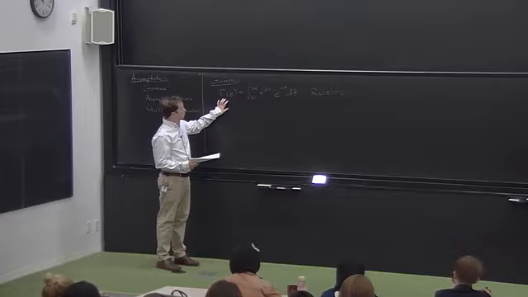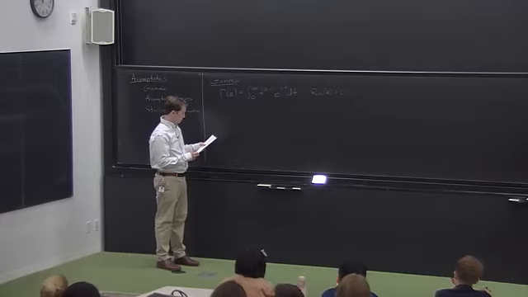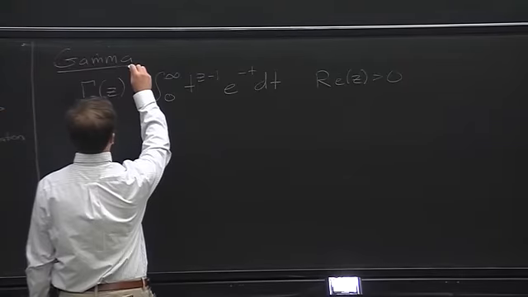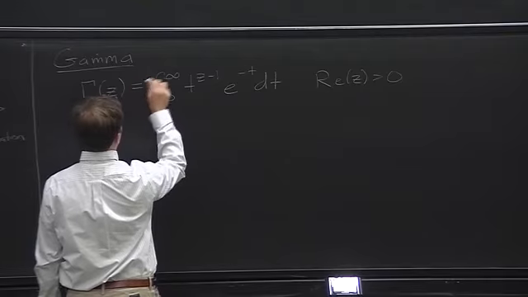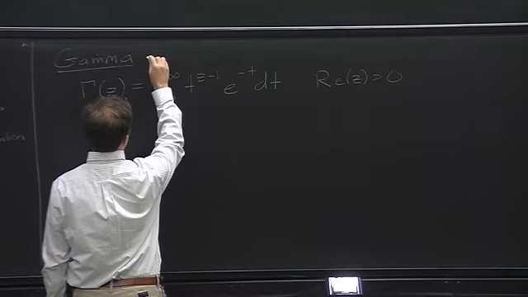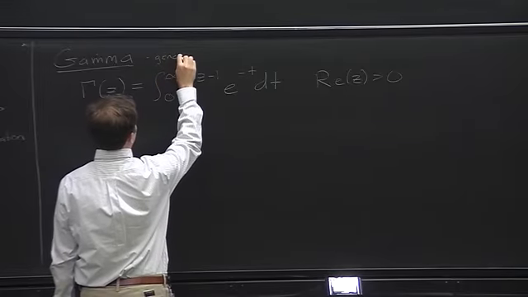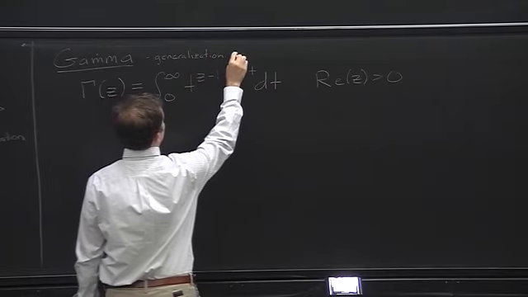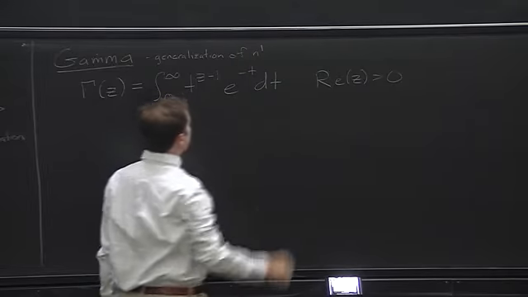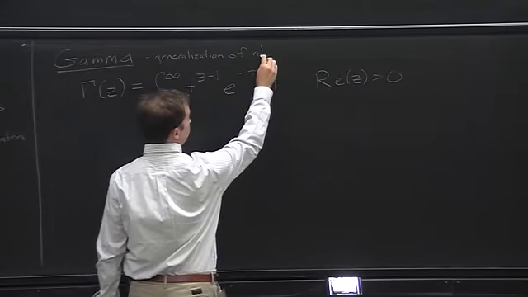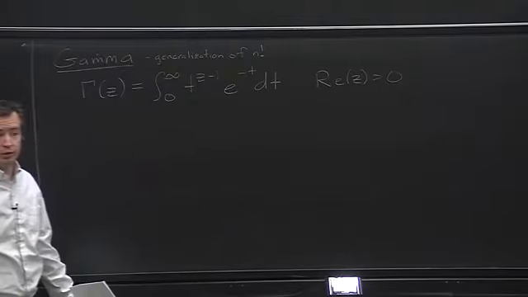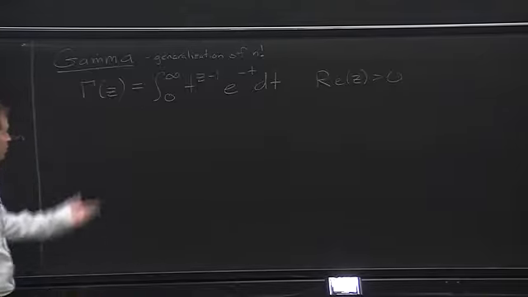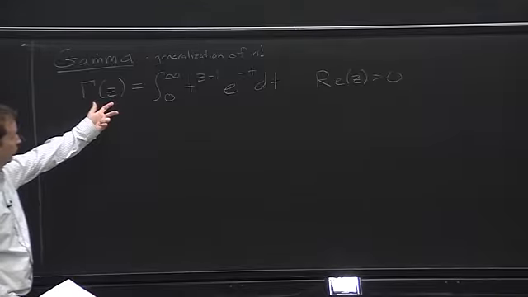And to do that, well, we can note that the gamma function is supposed to be a generalization of the factorial function. So the factorial is defined for integer arguments. Gamma of z so far is defined on half of the complex plane, so it allows a more general argument.